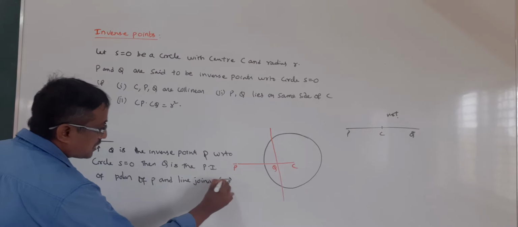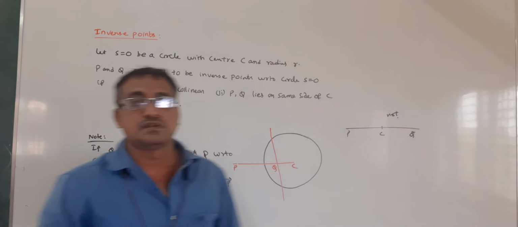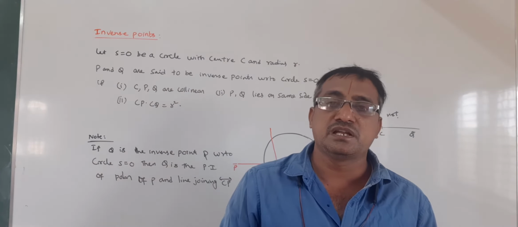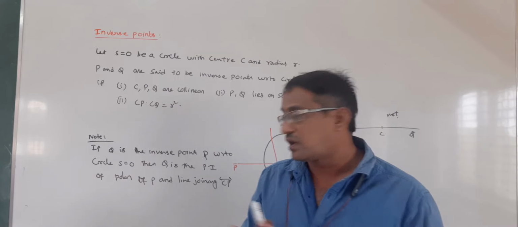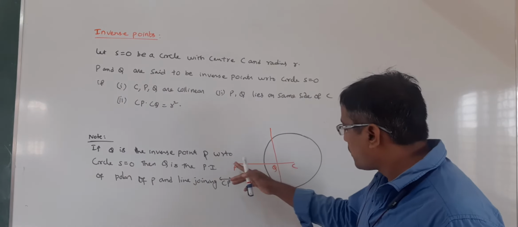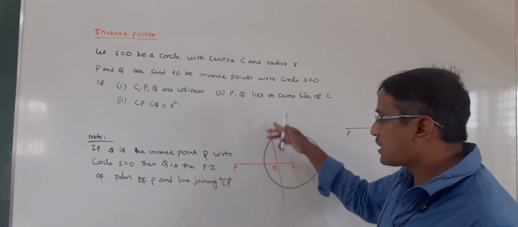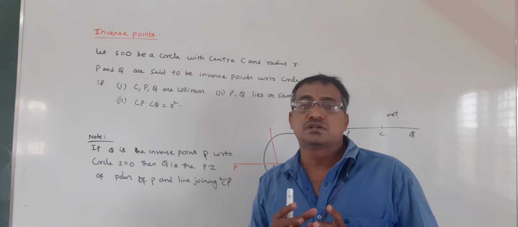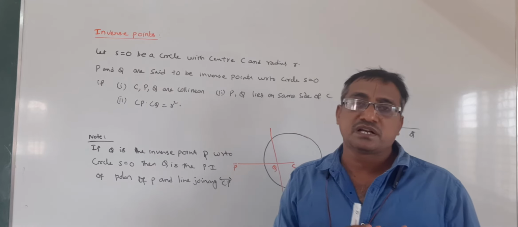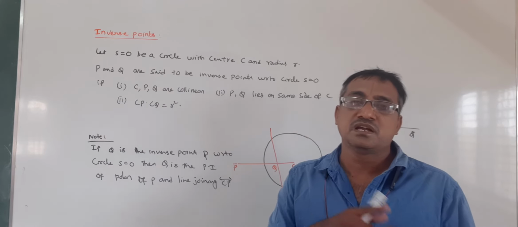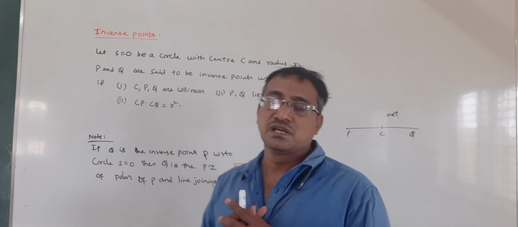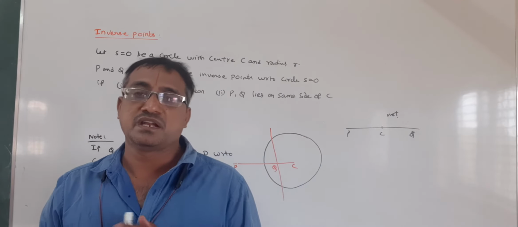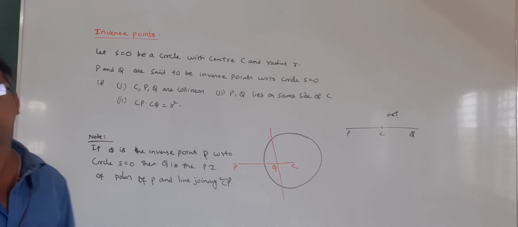Very, very important concept. So if Q is the inverse point of P, then it is the point of intersection of the polar of P and the line joining CP. Very, very important concept.